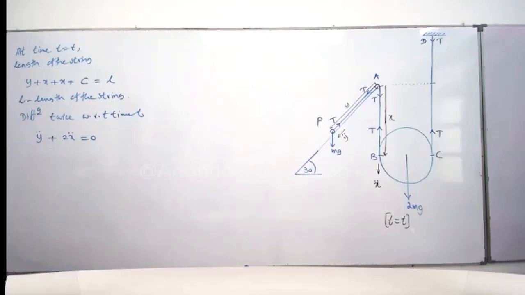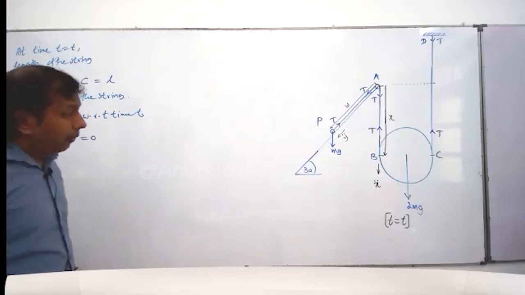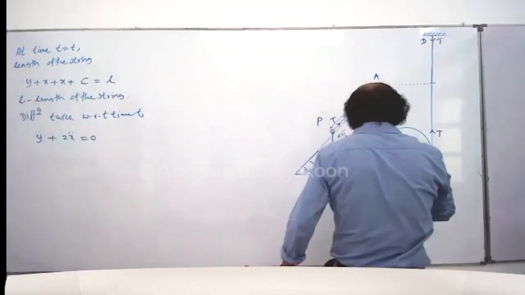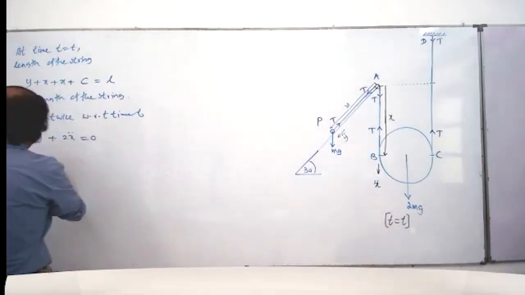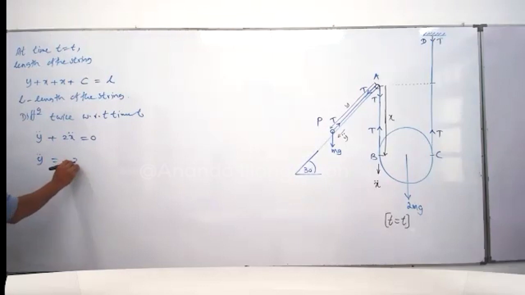Now here, you can see y double dot is equal to minus 2x double dot.